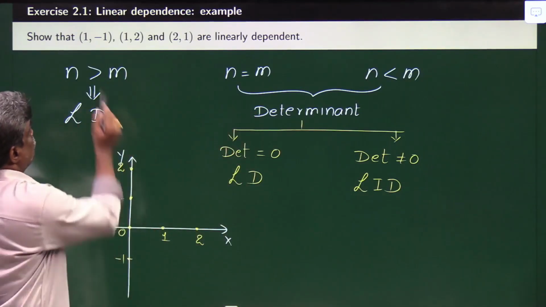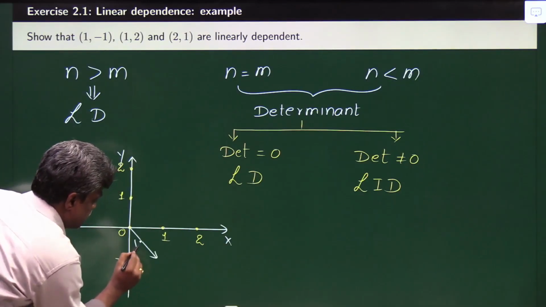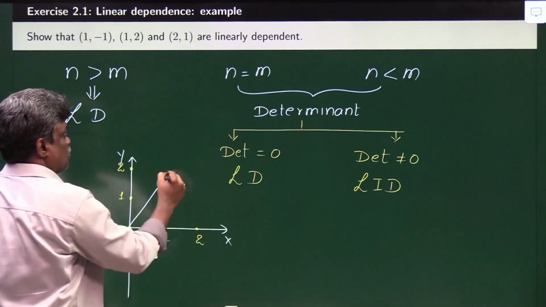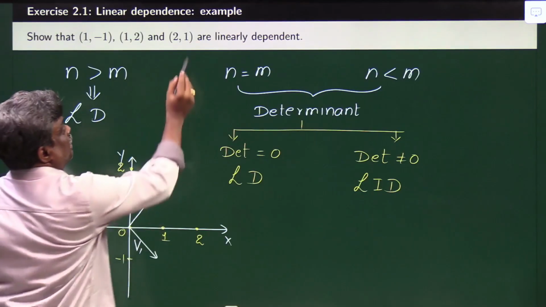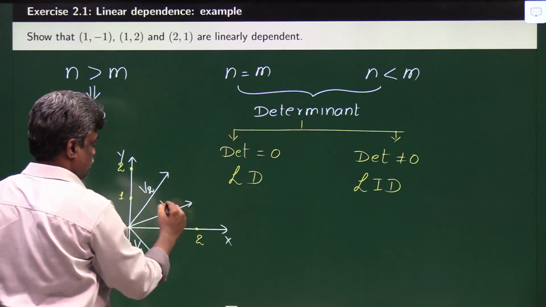Okay, so now the first vector 1 comma minus 1, this is vector 1, and the second vector is 1 comma 2, so this is the second vector, and this is 2 comma 1, which is the third vector.